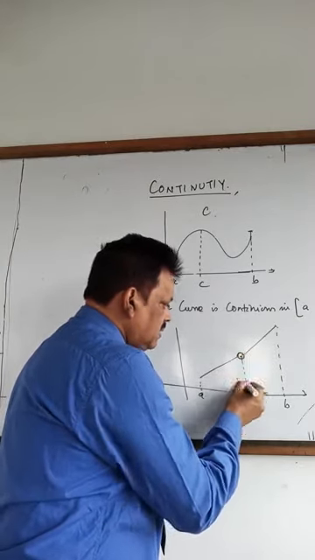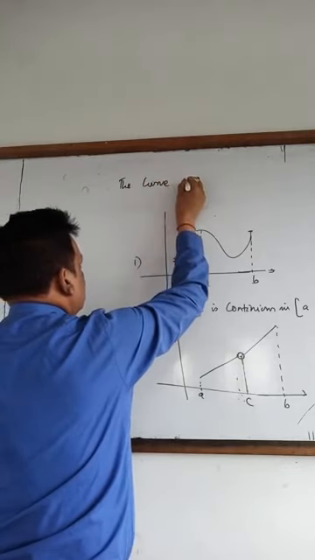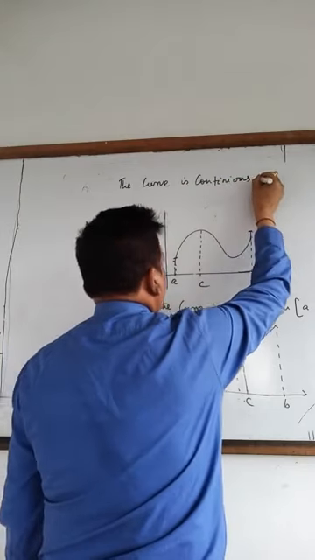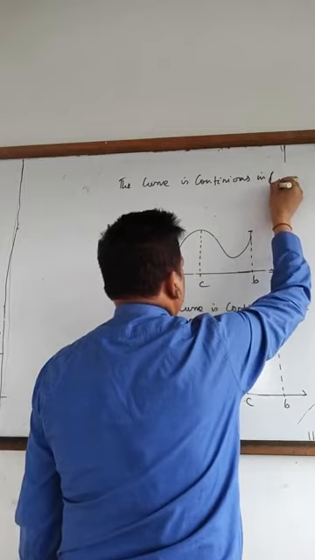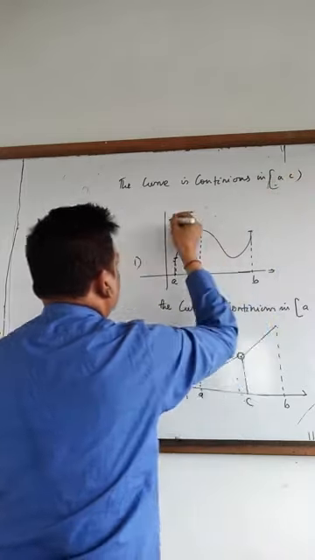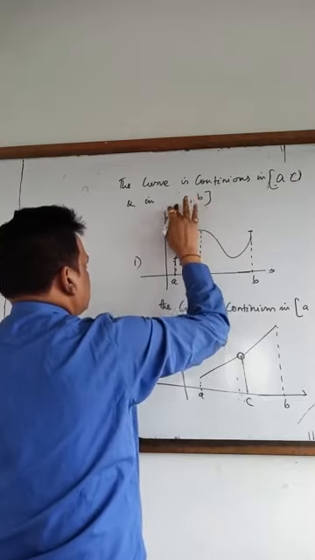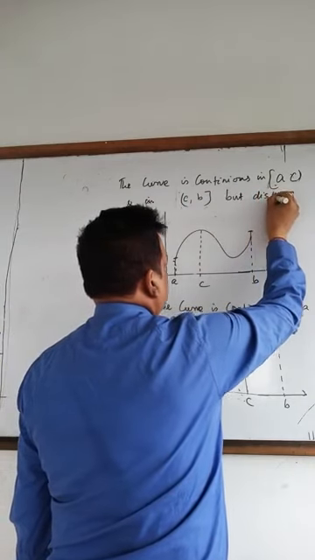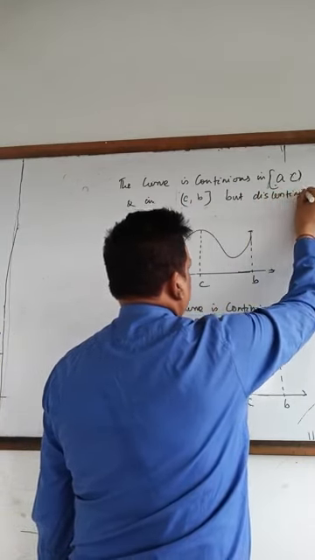So here you can say the curve is continuous in the semi-closed interval A to C and in C to B, but discontinuous at x equals c.